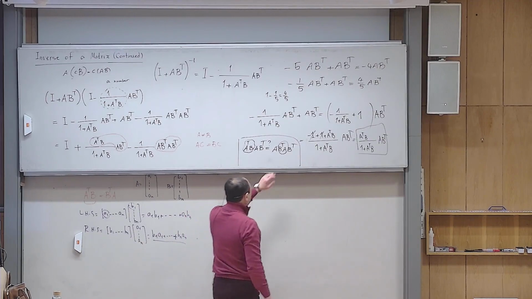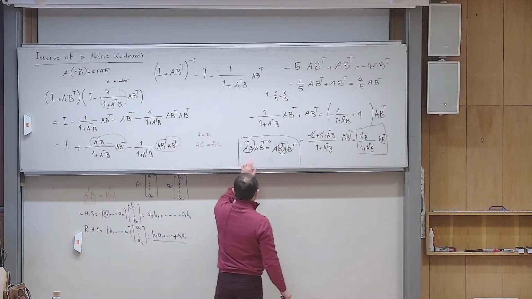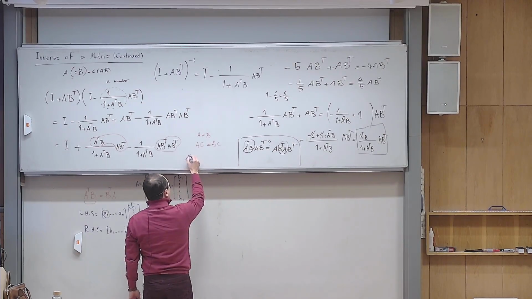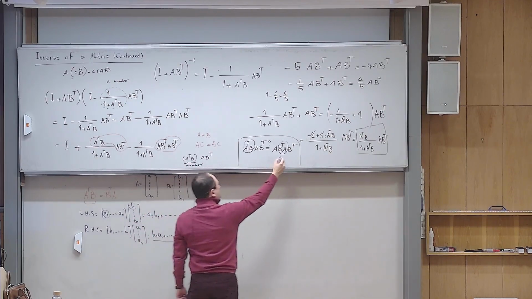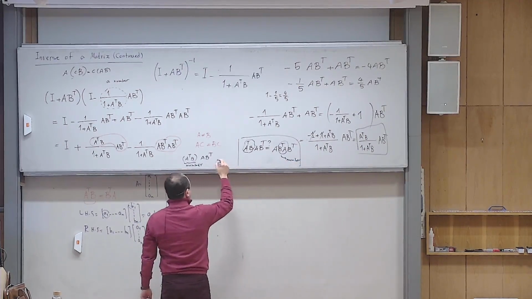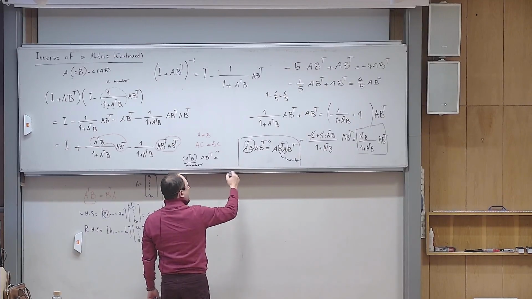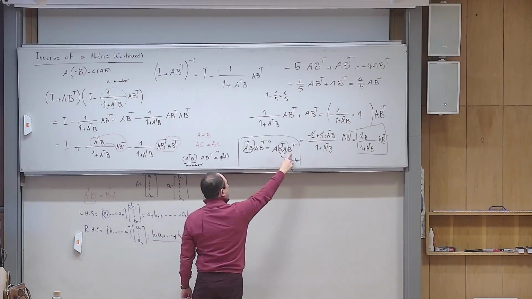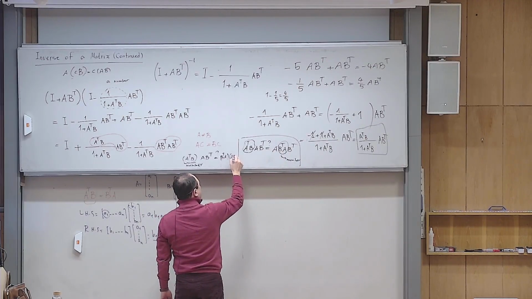So in principle, the left-hand side is this number multiplied by A B transpose. This is just a number. And because that is also a number sitting in the middle, the right-hand side becomes what? I can pull that number out, yes? And then I have this matrix left.